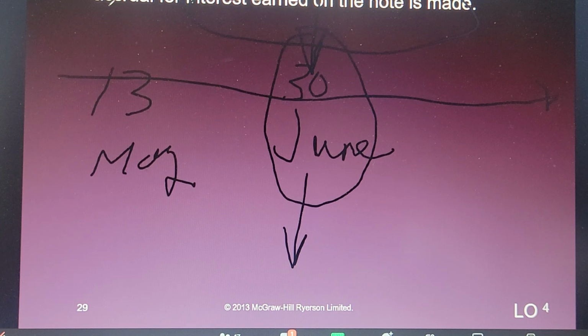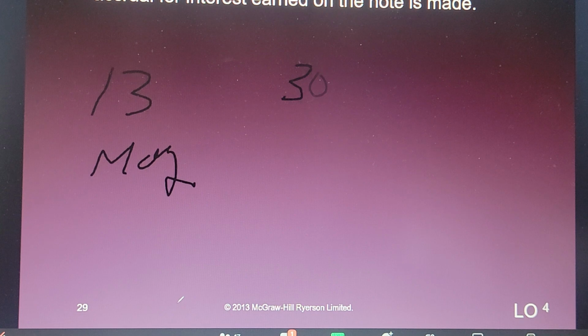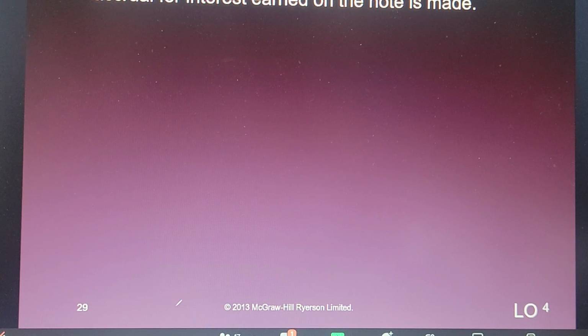I must record the earned interest. Whether my year starts January 1st until December 31st, or starts any day and ends on any date, if it's within the time of the note, then I have to do this entry.